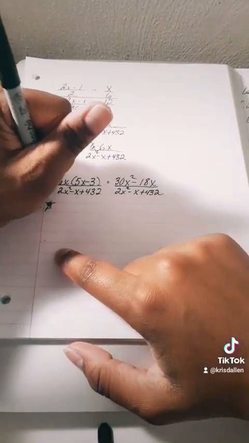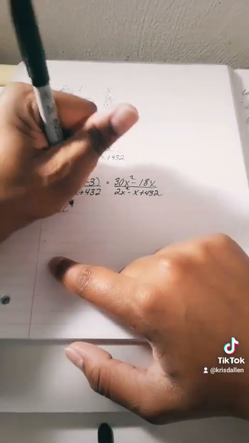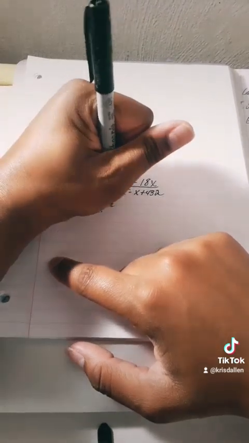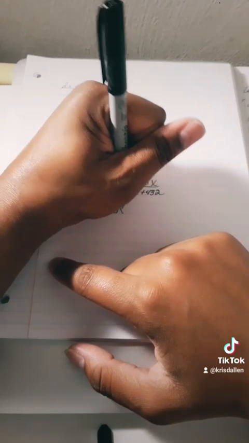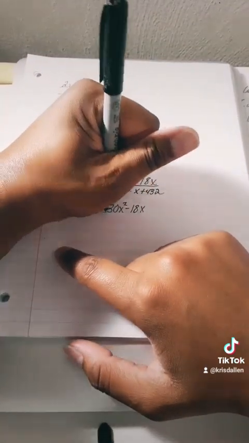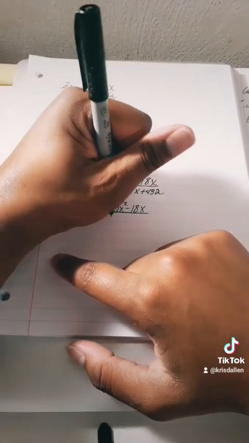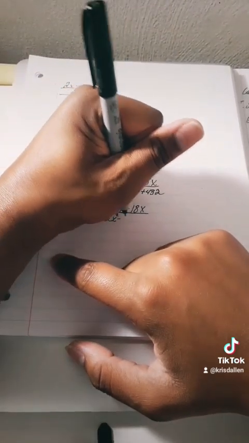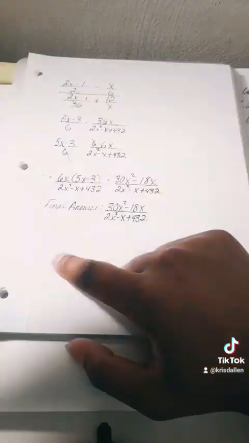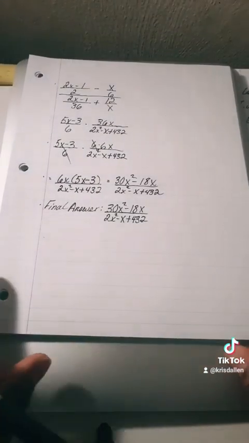So your final answer here, after we simplify this complex fraction, we could just write our answer as 30x squared minus 18x all over 2x squared minus x plus 432. And that's about as far as we can go with it, and you can leave it there.